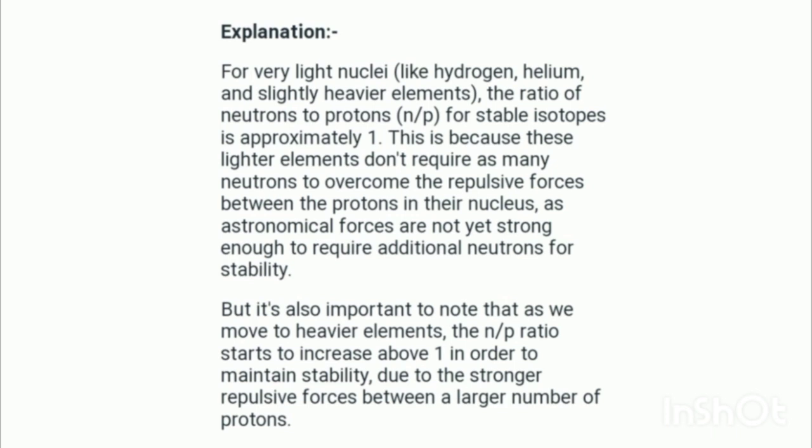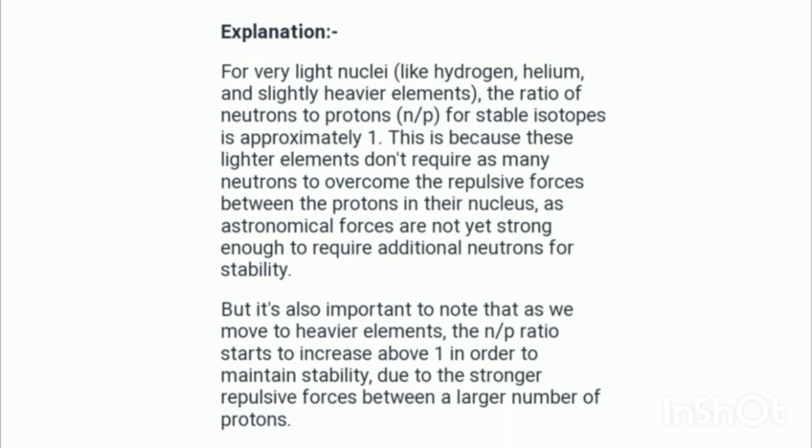For very light nuclei like hydrogen and helium, the ratio of neutrons to protons for stable isotopes is approximately 1. This is because these lighter elements do not require as many neutrons to overcome the repulsive forces between the protons in their nucleus.